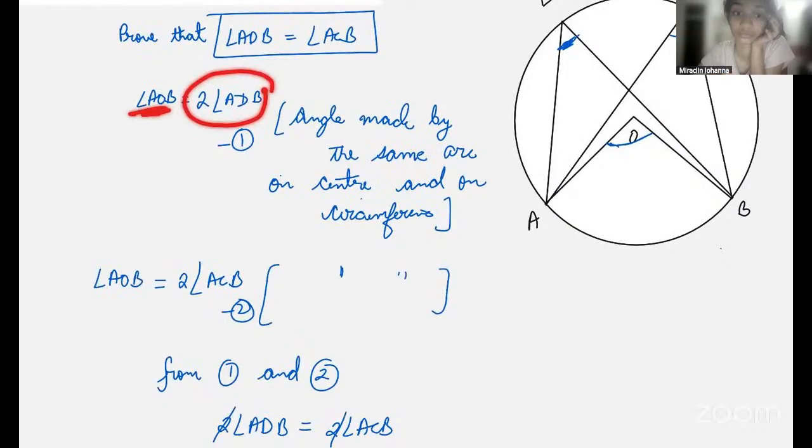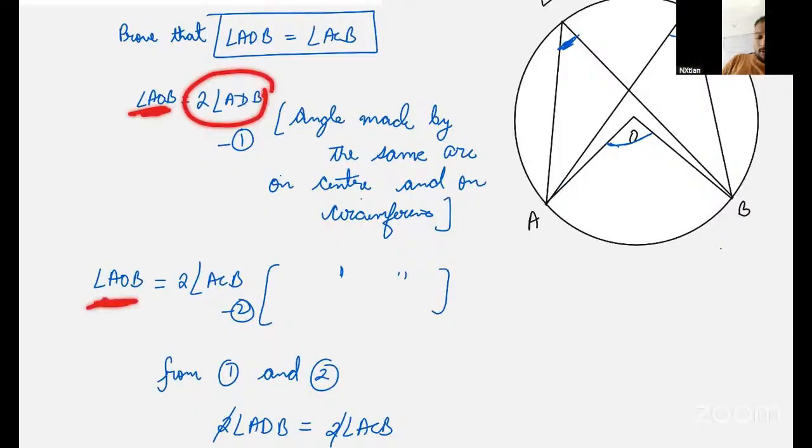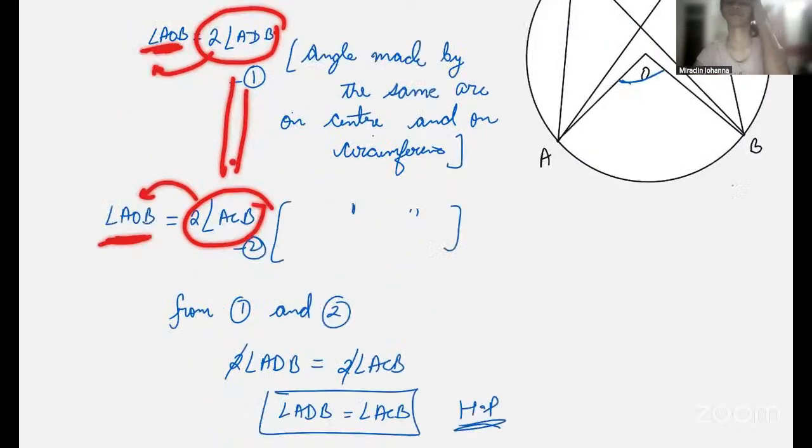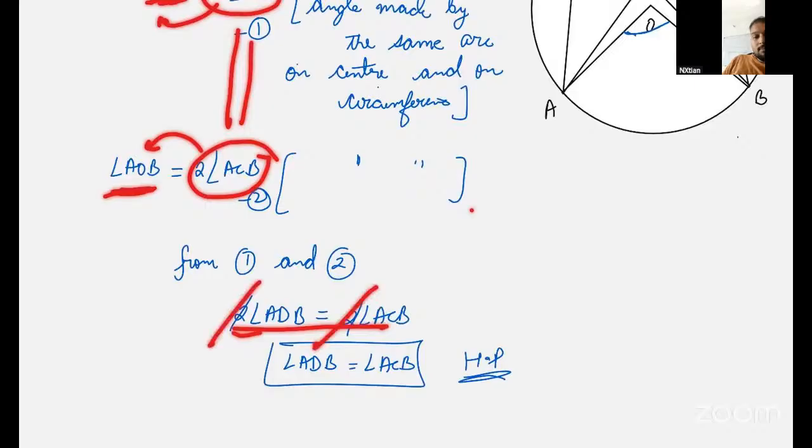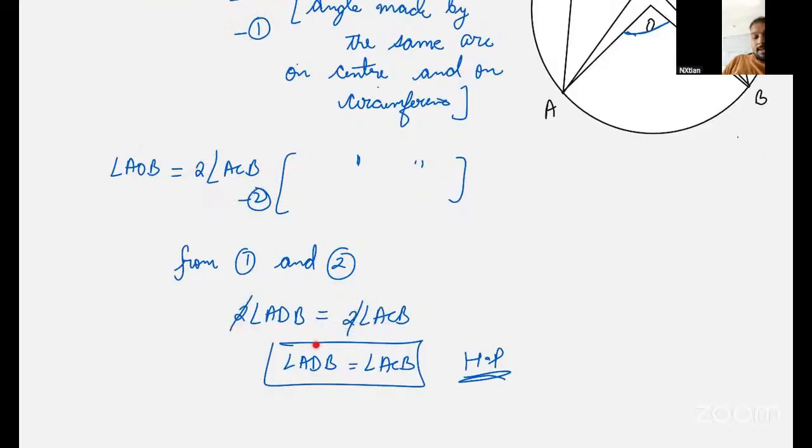This AOB is also equal to twice of ACB. Now these both angles are equal to AOB, so they both are equal. So I made them equal, and when I make them equal, I cancel the 2 with the 2 because they both are multiplied by 2, leaving ADB and ACB.